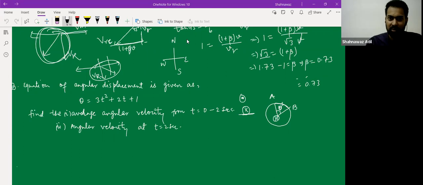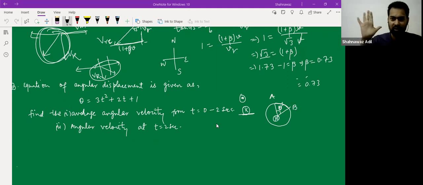Explain it again. Which part, Nimra? Can you write it one more time? The direction of angular displacement. Okay. So, do you know Maxwell's thumb rule?